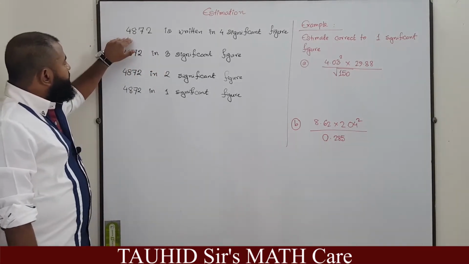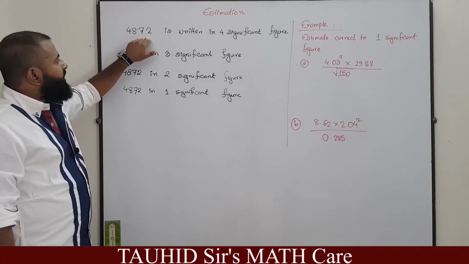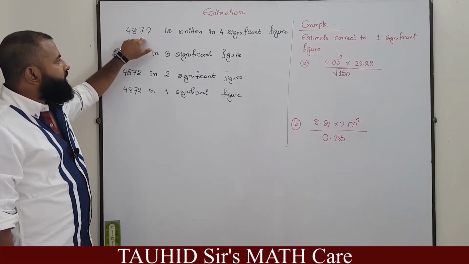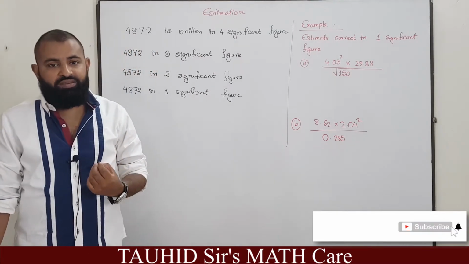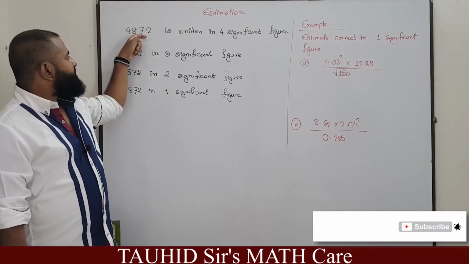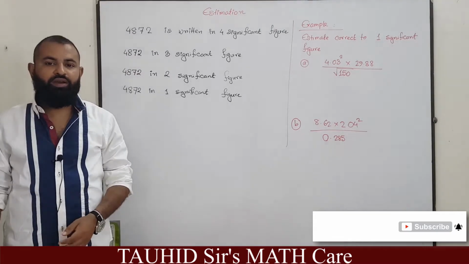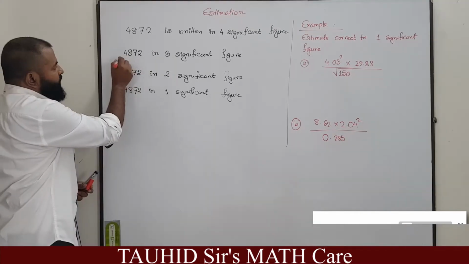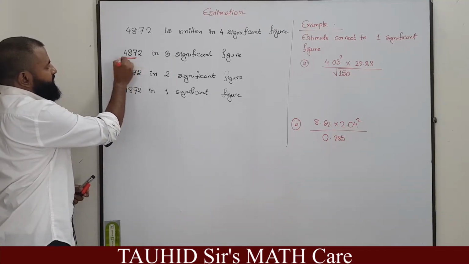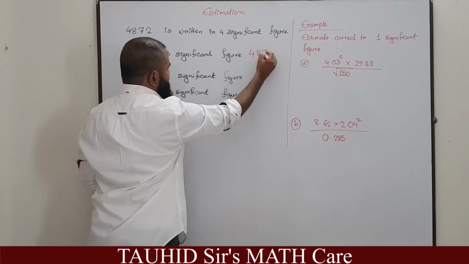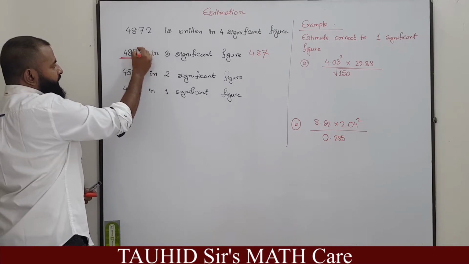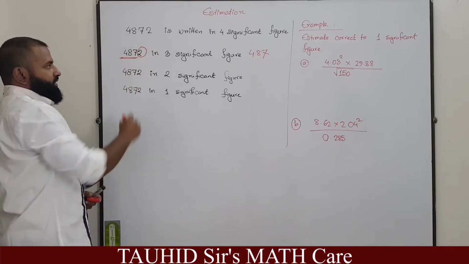So 4872, this number is written in 4 significant figures. If you are asked to write 4872 in 3 significant figures, how do you write it? You will focus on these 3 digits, 4, 8, 7, and you will check this digit.